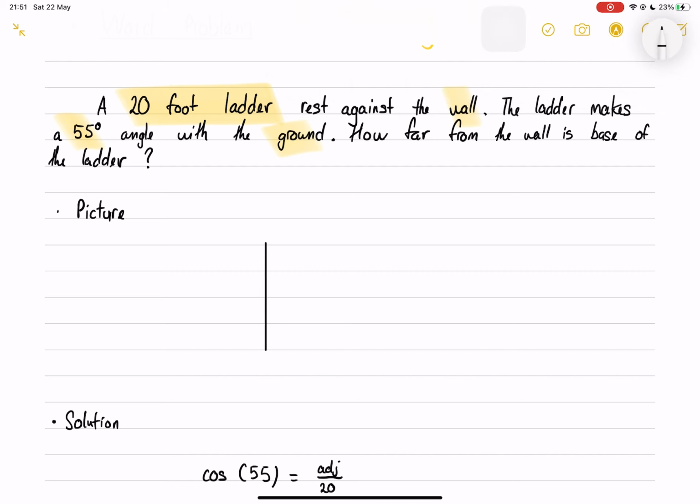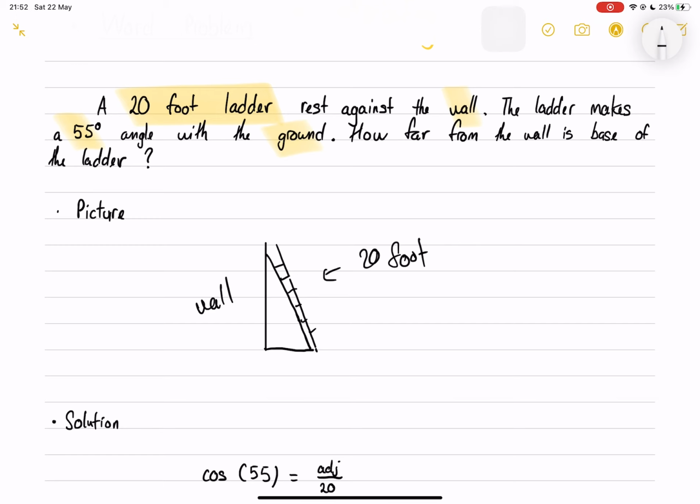The wall, the ladder. The ladder, which is 20 foot, kind of high though, I don't know.